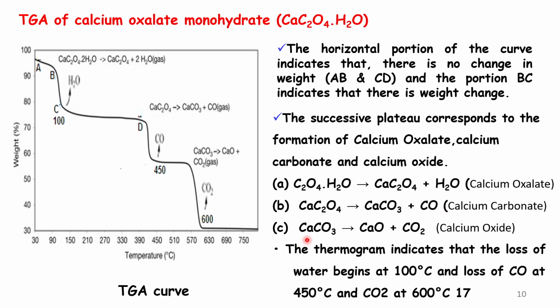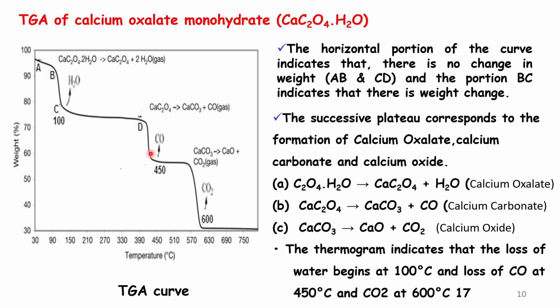And when the calcium carbonate is heated, it decomposes to calcium oxide and the CO2 will be evolved. That means the thermogram indicates the loss of water at 100 degrees centigrade, the loss of CO at 450 degrees centigrade, and the loss of CO2 at 600 degrees centigrade.